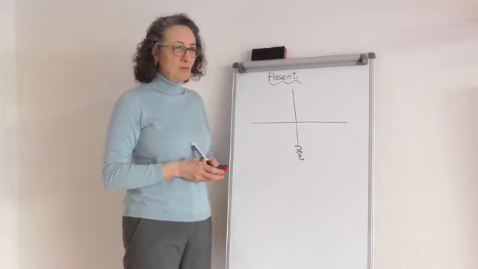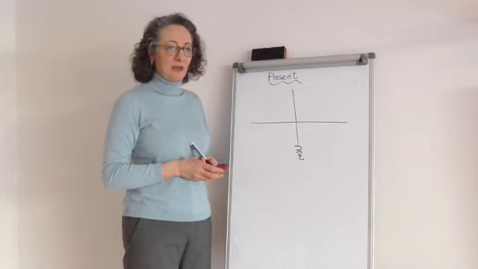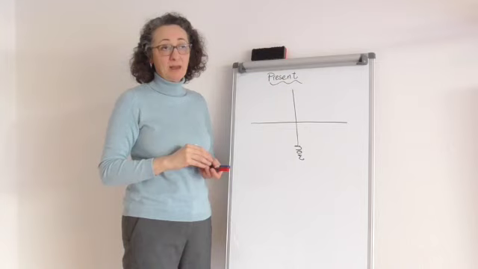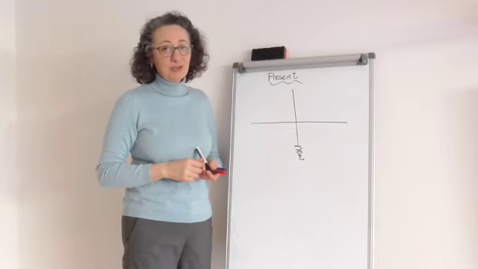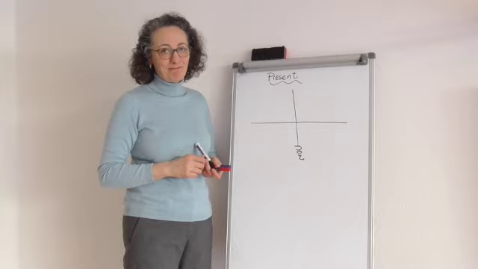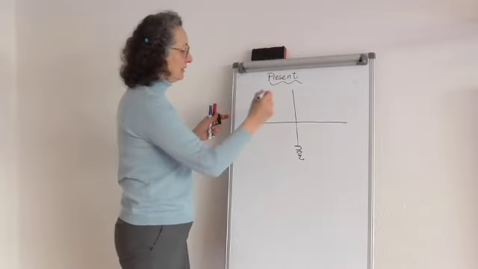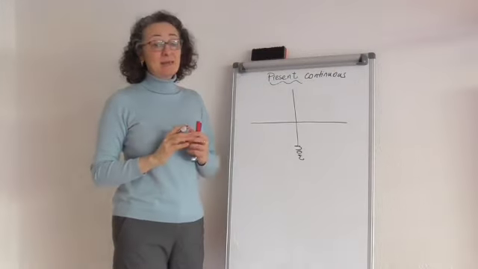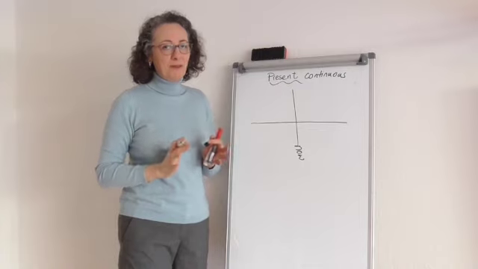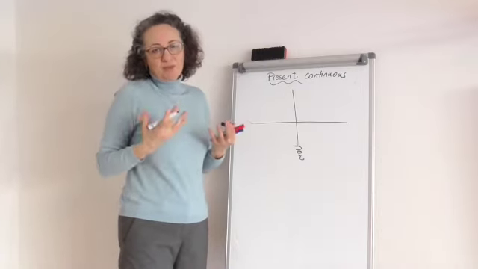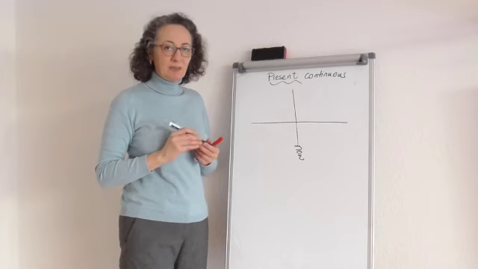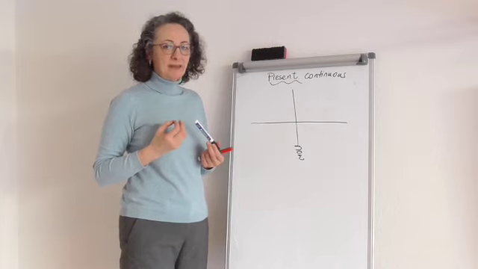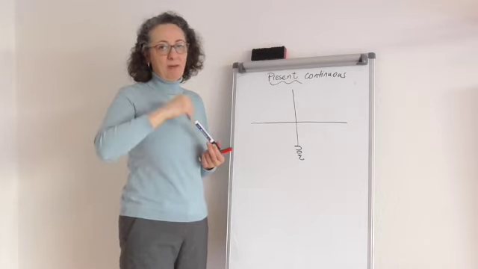Okay, so how can I show that something is happening right now at the time that I am speaking? Right now I used it. Present continuous, I am speaking. All right, so present continuous has a couple of meanings. The basic, the most important meaning of it is to represent or to display or to show some action that is happening right now.